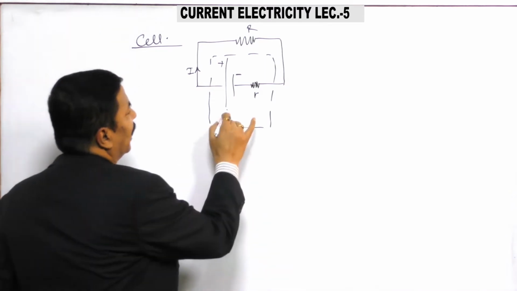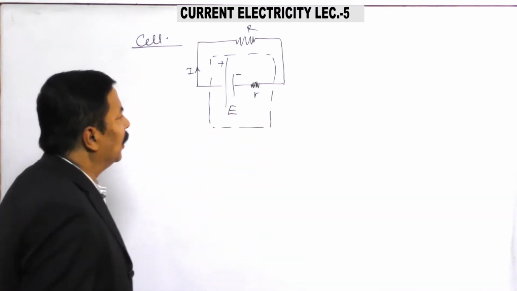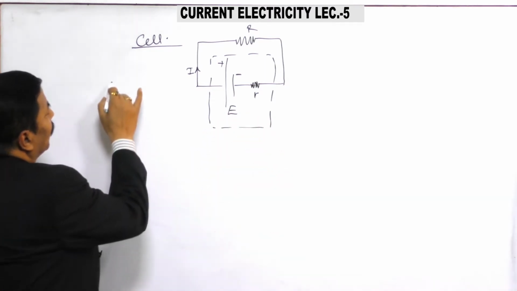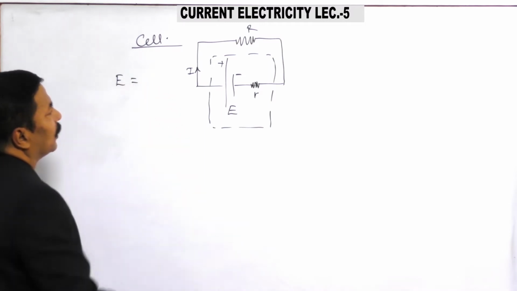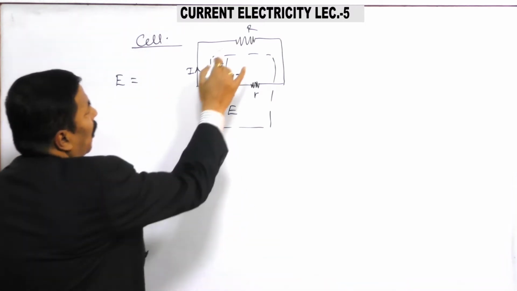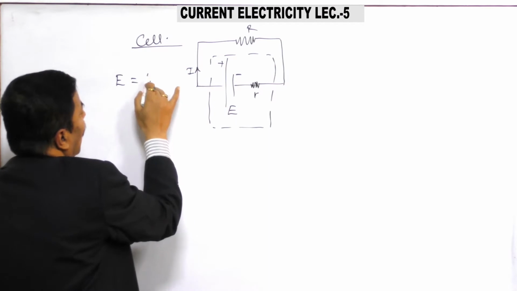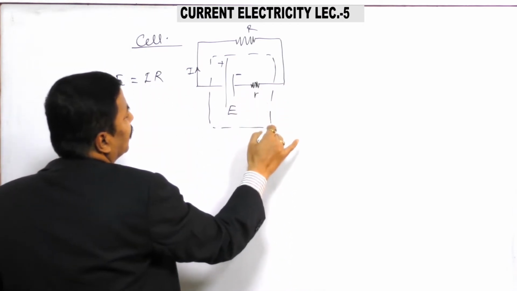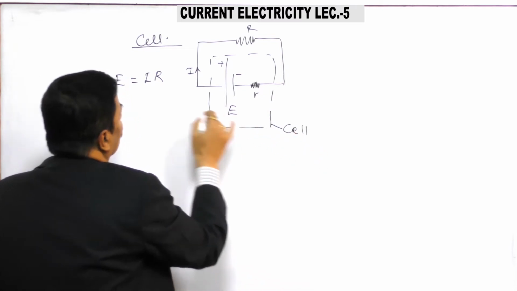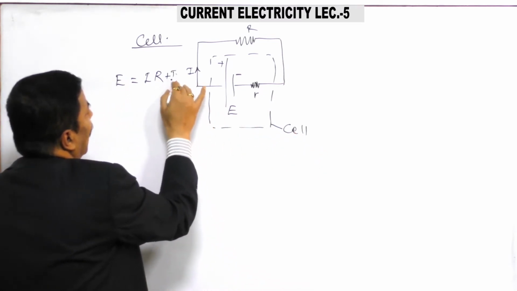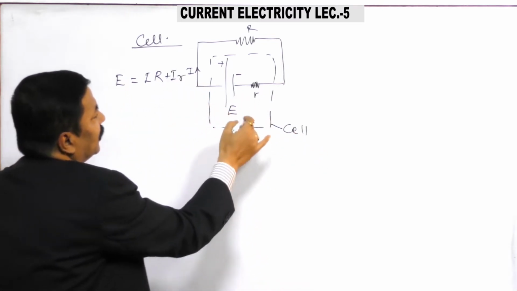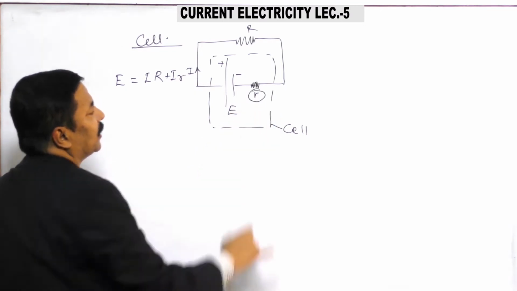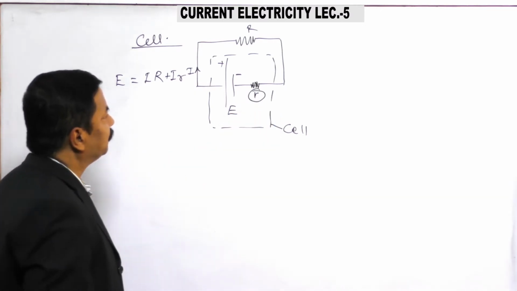Now the battery has the EMF E. So E is equal to the potential drop across the resistor, IR, plus the potential drop across the internal resistor, plus Ir. Here r is the internal resistance of the cell or battery.